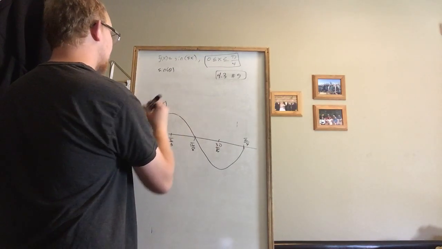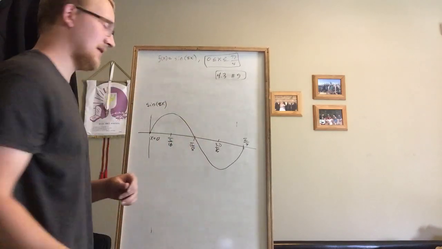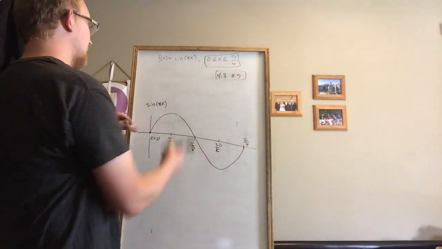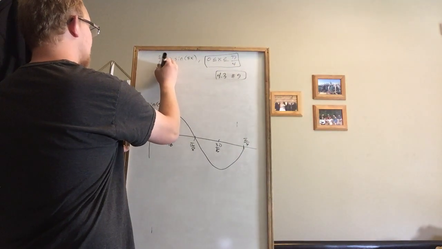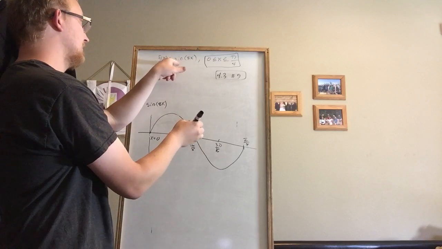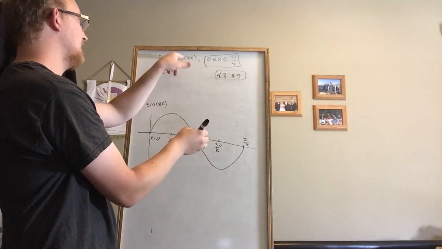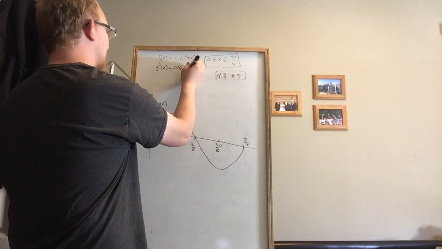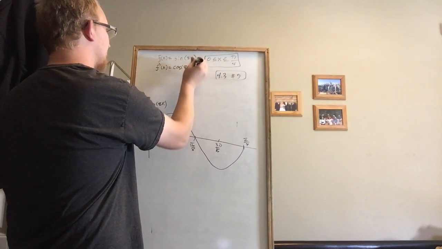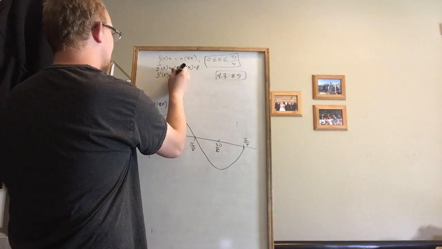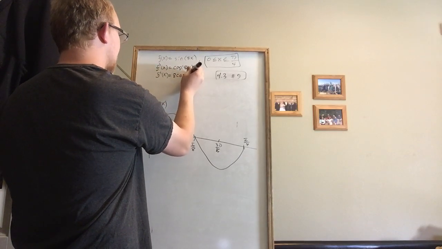Now, if we want to find the extreme values, we're going to look for when f prime of x equals 0. The derivative f prime of x of sine of 8x is going to be cosine of 8x times the derivative of the inner function 8x. So f prime of x equals 8 cosine of 8x.